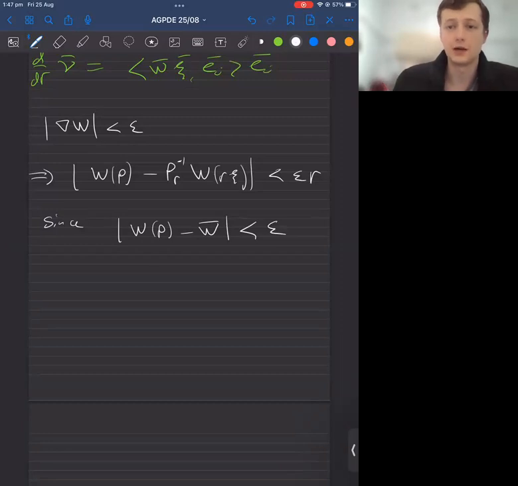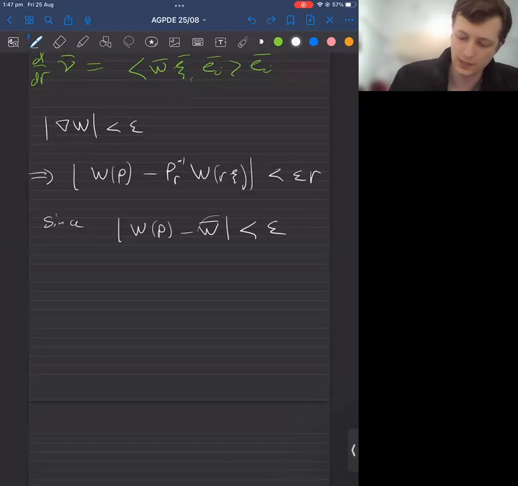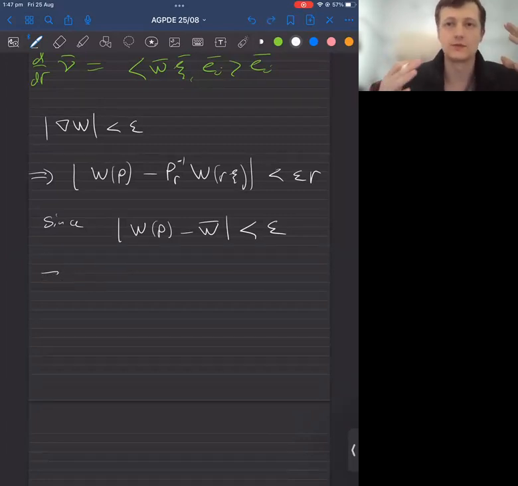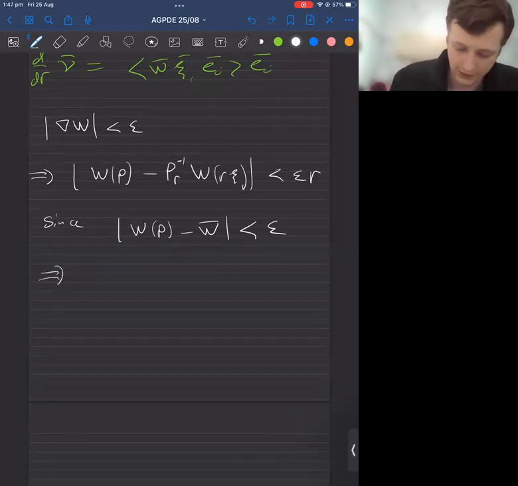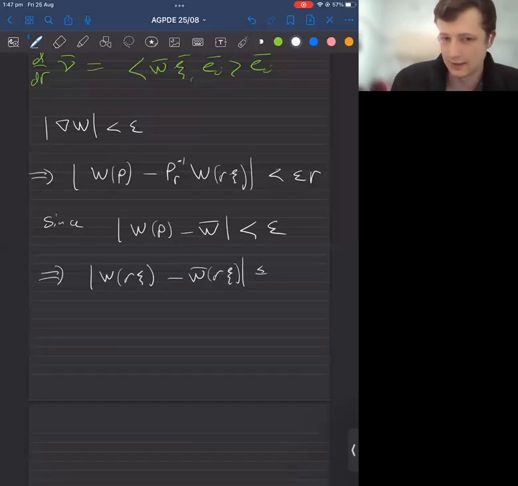By assumption, the frame is less than epsilon when compared to P. This is going to give you an estimate between the two Weingarten maps at different points in the parameterization. So you get W arc C minus W bar arc C. You're going to get something like C of n epsilon r plus 1.